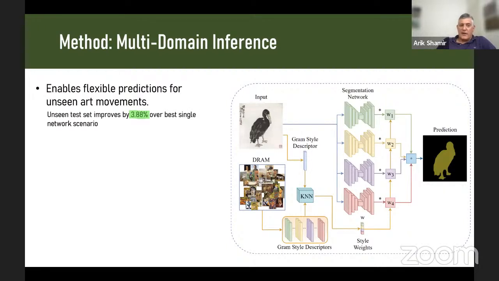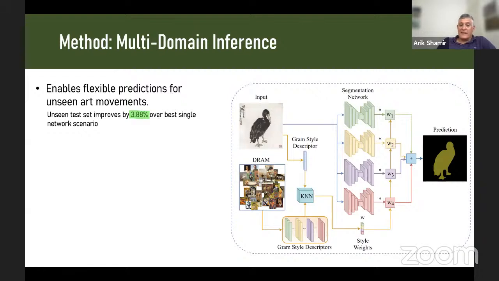Now, first of all, this allows flexible prediction for unseen art movements as well, not just for the art movements that we were training on. And we got an improvement of around 4 points over each specific segmentation network. So even if I take the maximum one separately, the combined one would be much better.